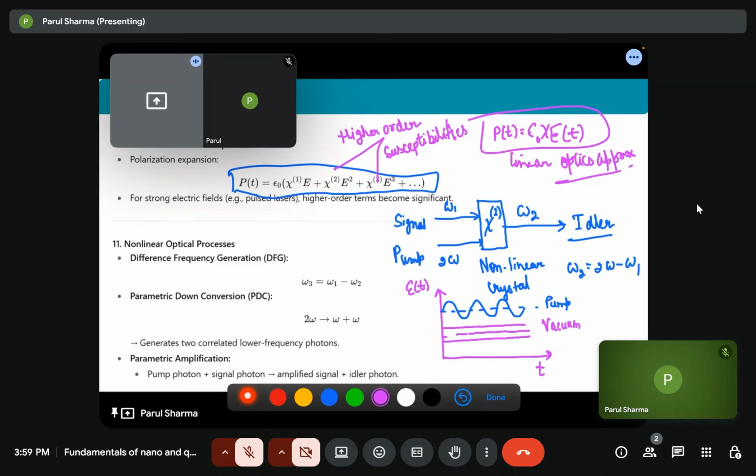Whereas for the squeezed state, this is the squeezed amplitude, because there is a decrement in amplitude. So this is squeezed amplitude fluctuations.